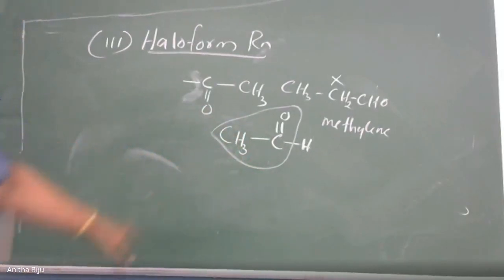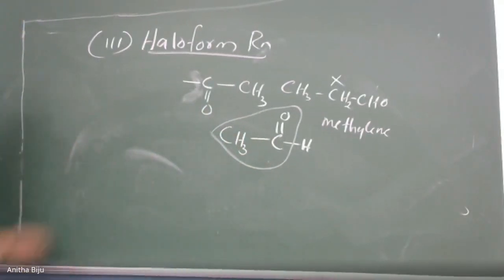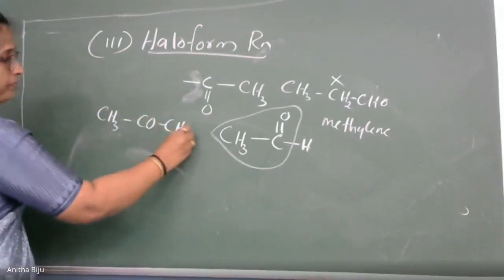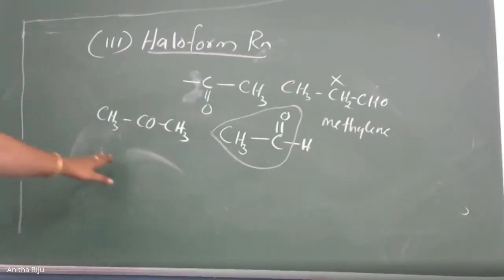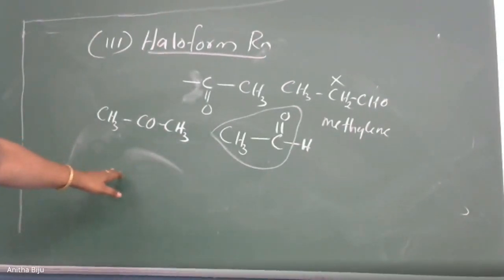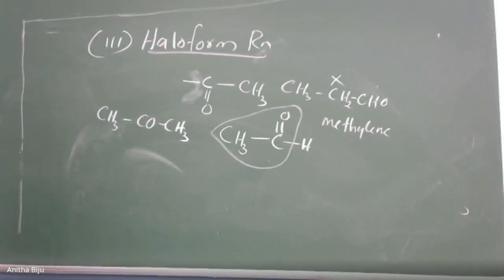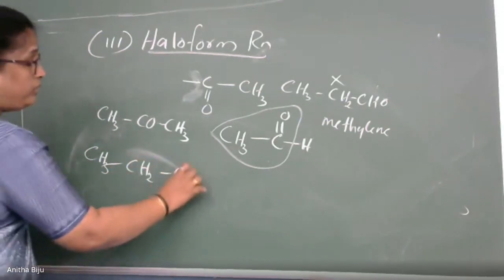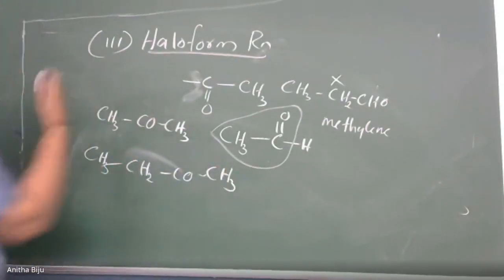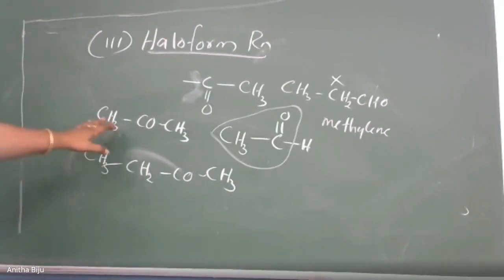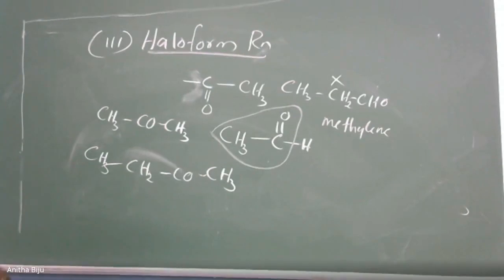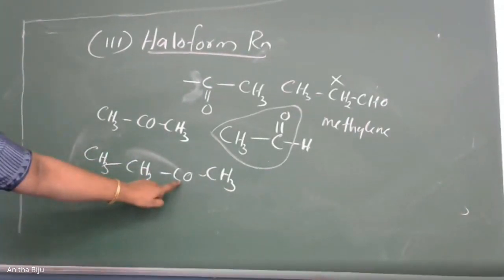Now I will give an example from ketones. CH3COCH3. What is this? Propanone. Now I will write the next member of the ketone family, CH3CH2COCH3. Look at it. This is propanone, this is butanone, butan-2-one. See, at the second position the keto group is there.